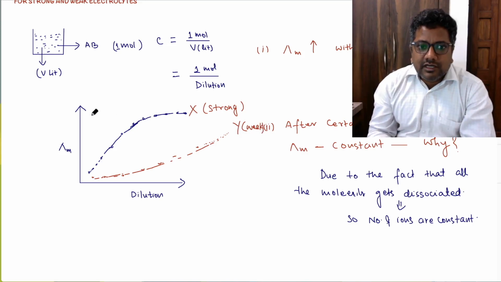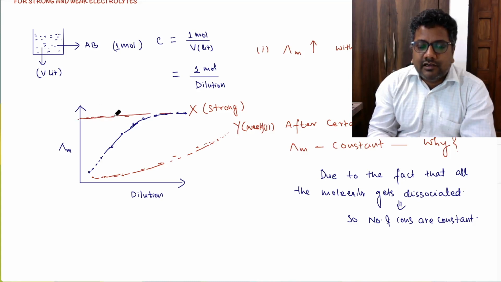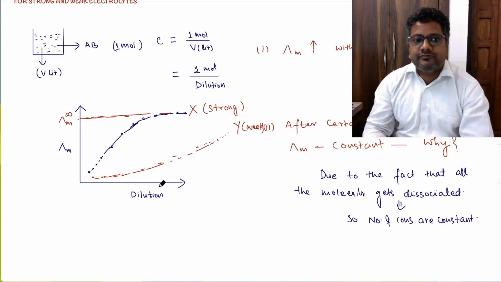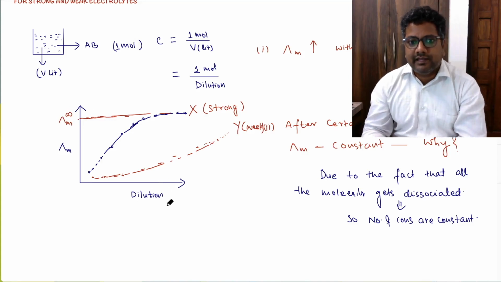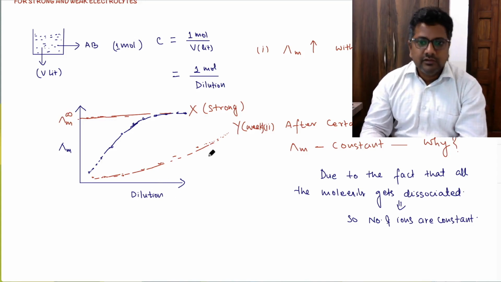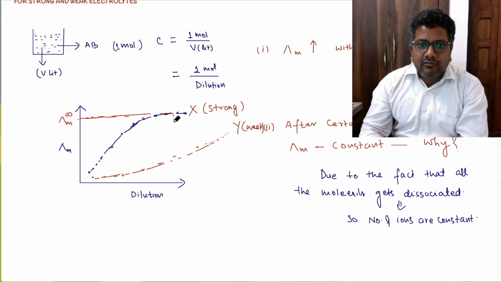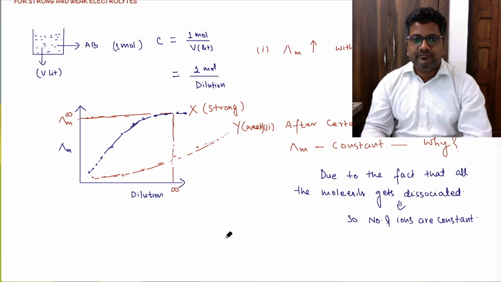And you know, the maximum value of this molar conductance that we get in the case of a strong electrolyte is called lambda m infinite. The volume corresponding to this is called infinite dilution for strong electrolytes.